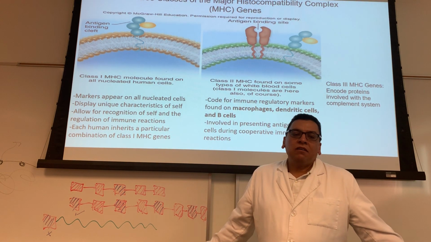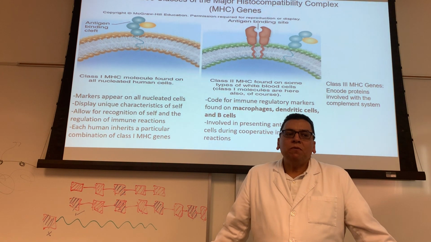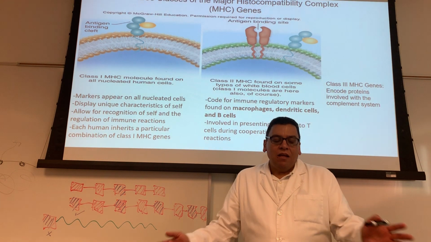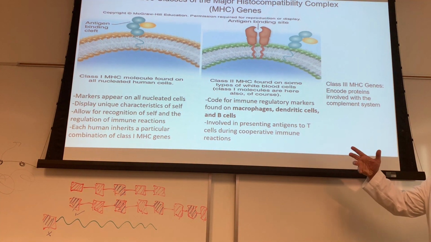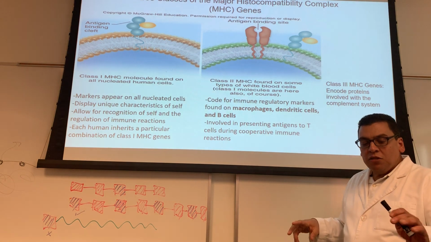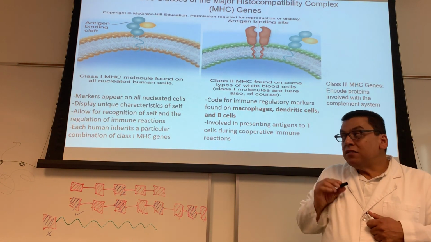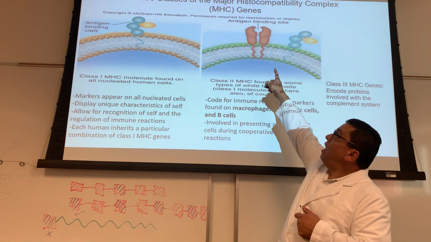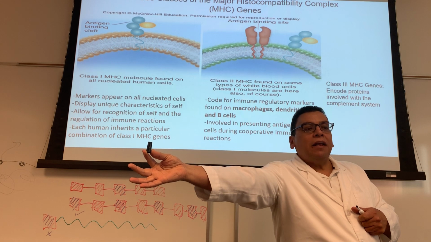I'm sitting here not doing anything because I can't, because you haven't shown me who the bad guy is yet. Once you do this, watch, a macrophage, a dendritic cell, or a B cell will do this. Attach to the pathogen, take a piece of the pathogen, and send it to the surface on the MHC2 saying, hey, that's the bad guy.